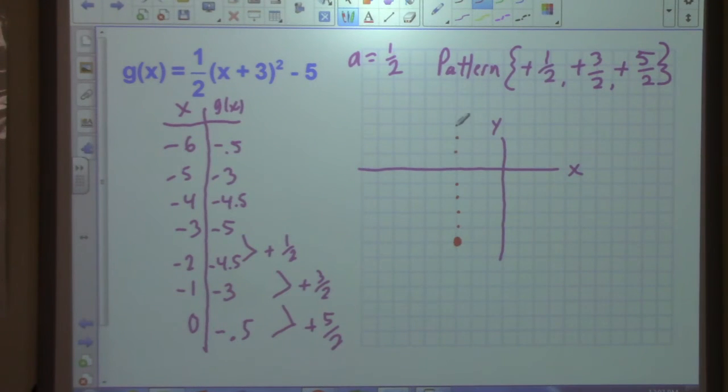And then we have x equals -3, that's our axis of symmetry. And then we have plus 1/2, plus 3/2, and plus 5/2. So it'll look just like this. Then because of symmetry, we can go like this, this, and this.